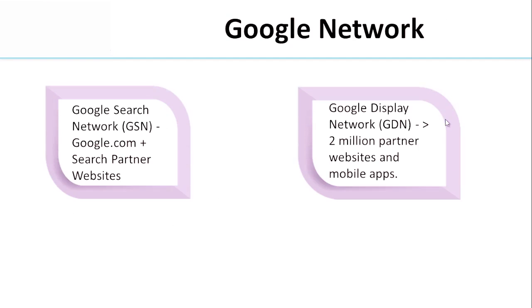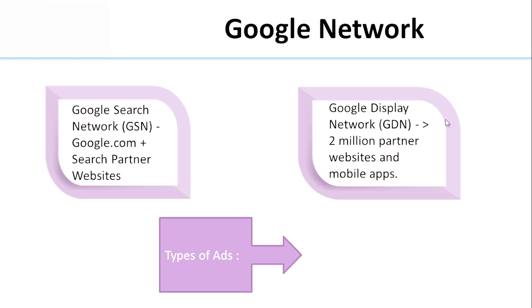Now, there are two kinds of Google network. One is called a GSN and another is called a GDN. GSN means Google Search Network, which is the combination of google.com plus other search partners' websites. While GDN includes 2 million, or rather I must say more than 2 million website partners along with the mobile apps.